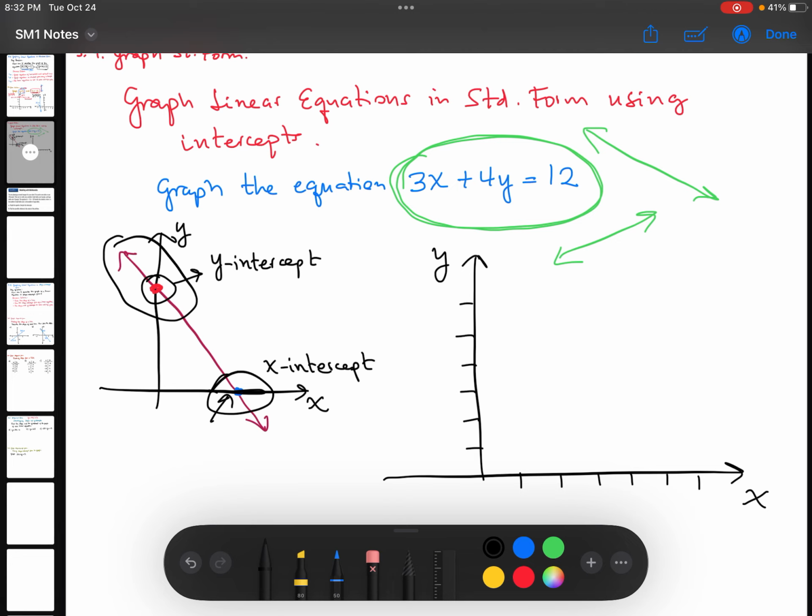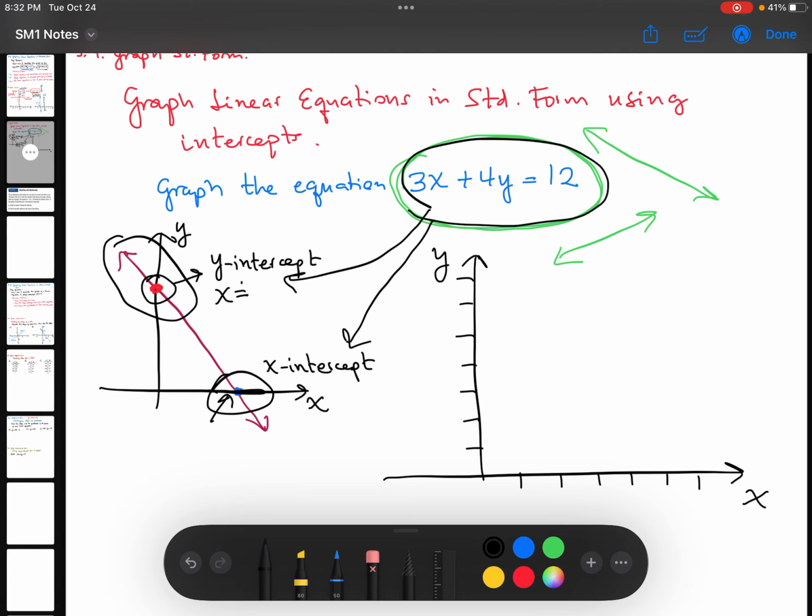And this is what we're going to get, guys. The first thing I'm going to do is find out the y-intercept and the x-intercept of this line. How do I find them? I want you to notice something important. In the y-intercept, what is the x value?